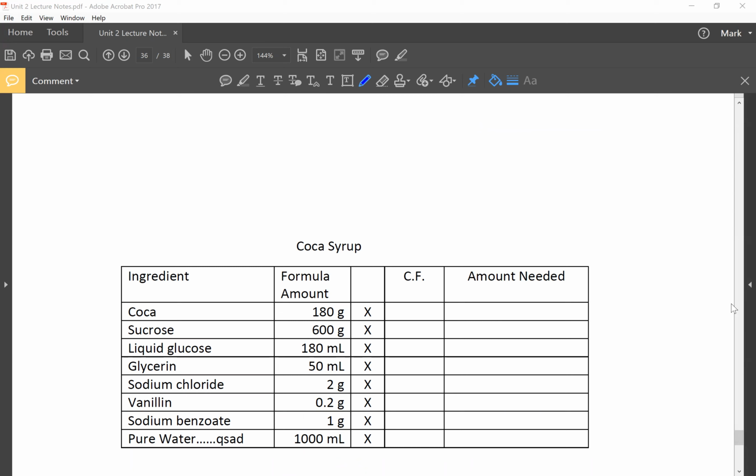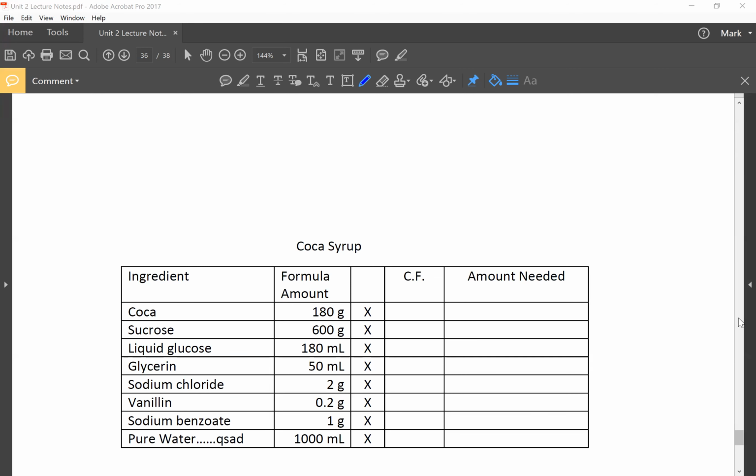So cola syrup, I don't know if this is the actual ingredients, but I guarantee a lot of this is true. Well, I don't know about the first part, but anyways, the ingredients are coca powder, I don't know if that's spelled right, 180 grams. Sucrose, so sugar. Liquid glucose, so more sugar.